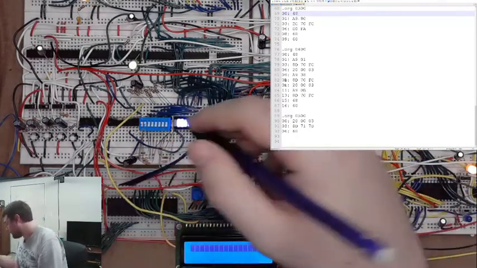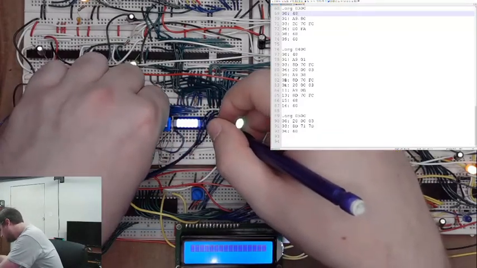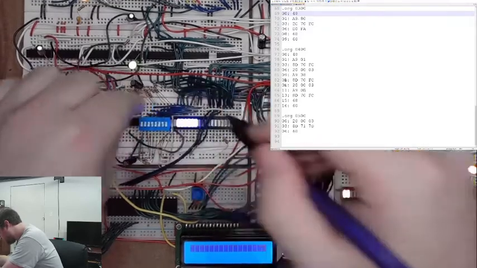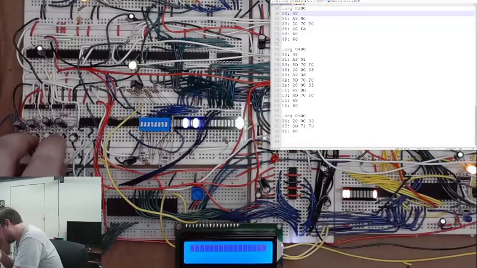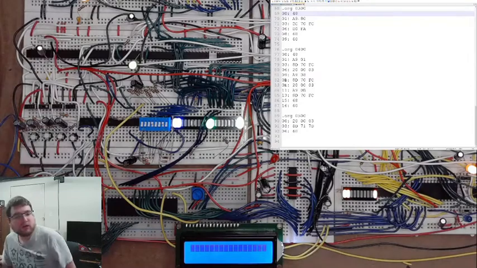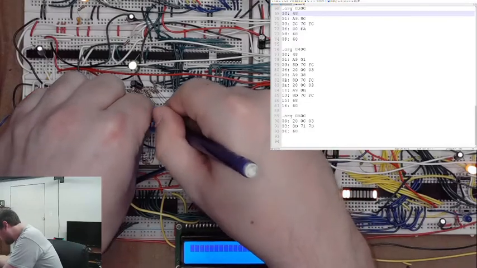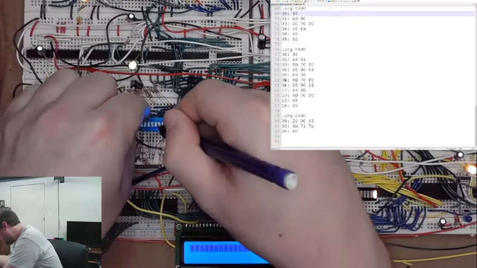Let's write the program. So it's 4, 8. Okay. A9.